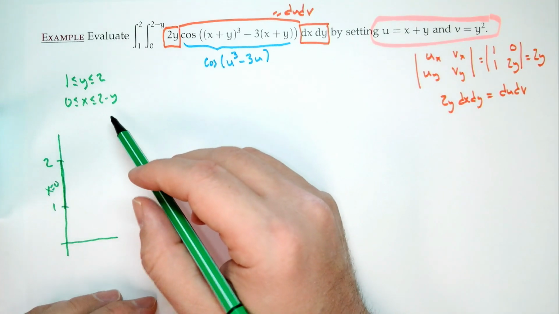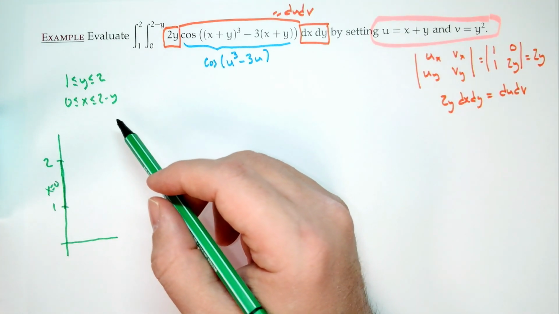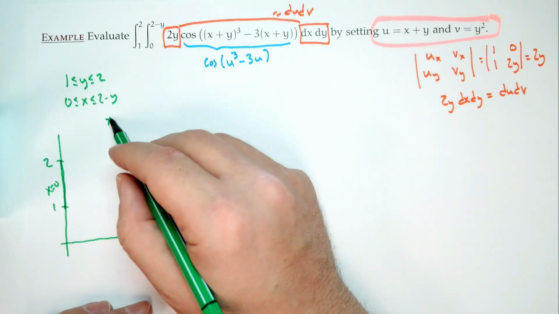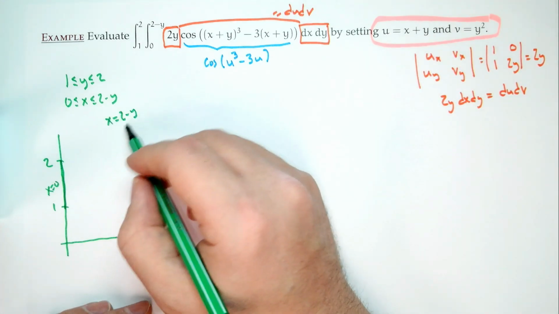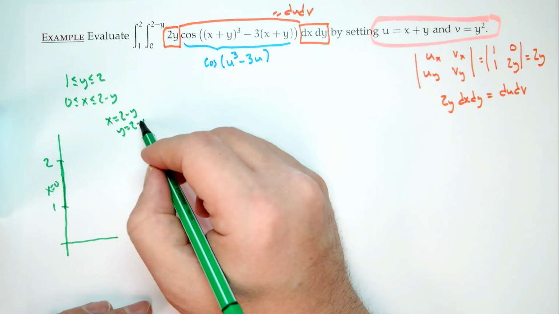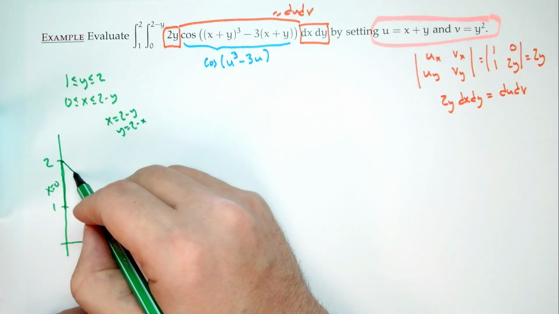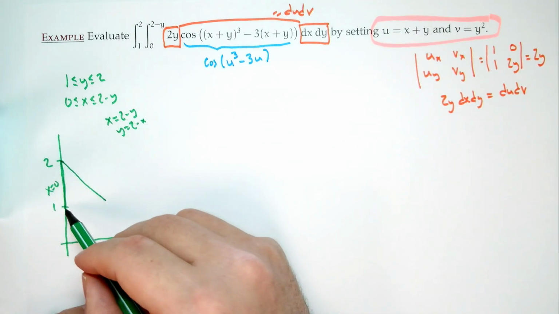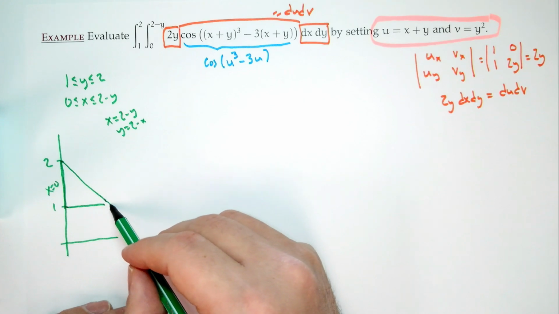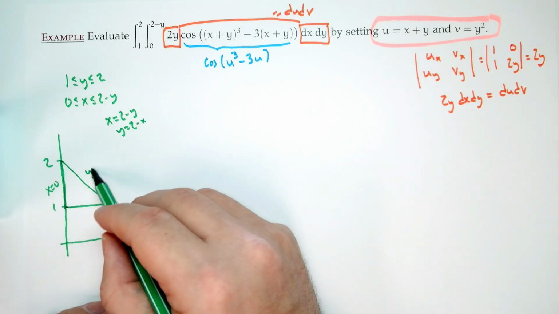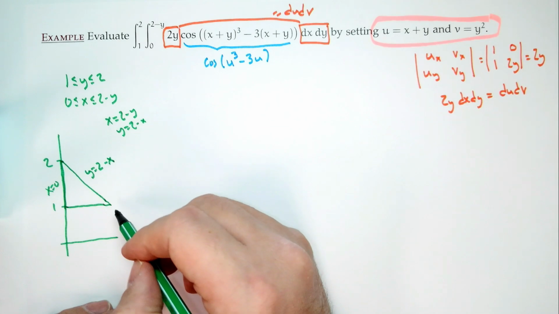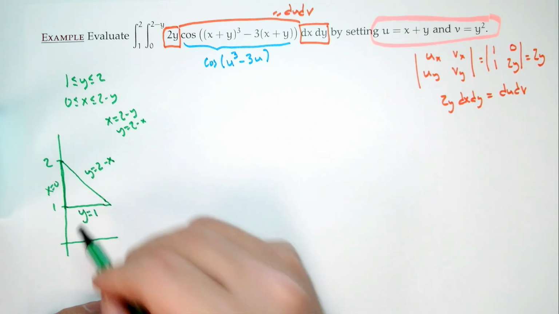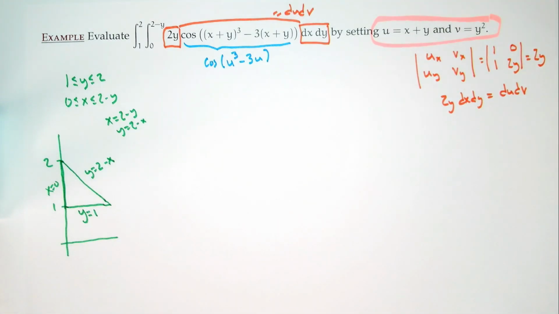And x equals 2 minus y is a line. If you're not sure how to draw that, you could swap. It's the same as y equals 2 minus x. So you're coming down, because you have an intercept at 2 and slope of negative 1. So this is y equals 2 minus x. And the last part is y equals 1. So there's our region. It's a triangle.